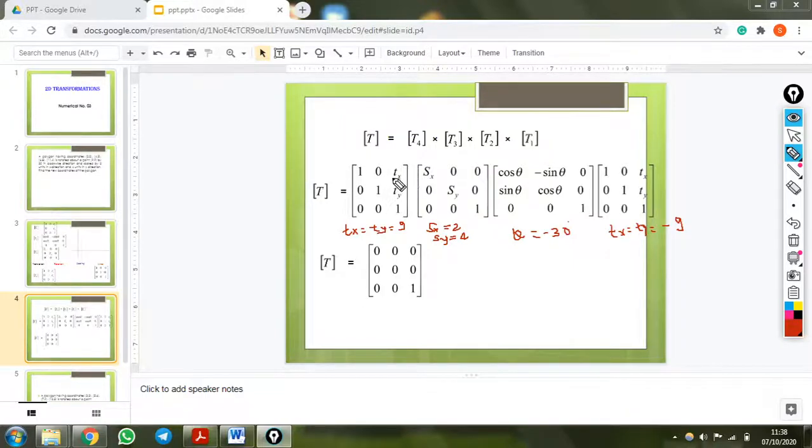So here comes 9, 9. Here is 9, here is 9, here is 2, here is 4, then theta is equal to minus 30. It makes it complicated, so you can understand. Here is minus 9, here is minus 9 also.